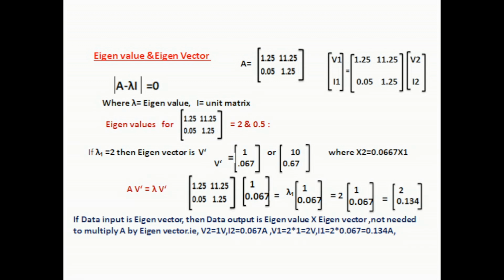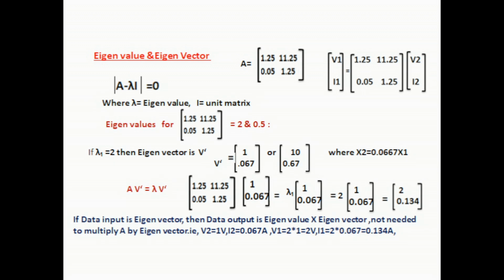V dash is equal to the matrix 1, 0.067, where x2 equal to 0.0667 x1. Here, A V dash is equal to lambda V dash. That is, matrix A into the eigenvector equal to the eigenvalue into the eigenvector.